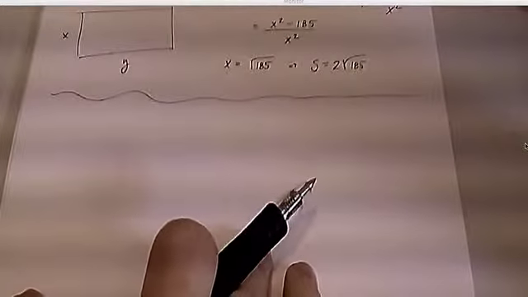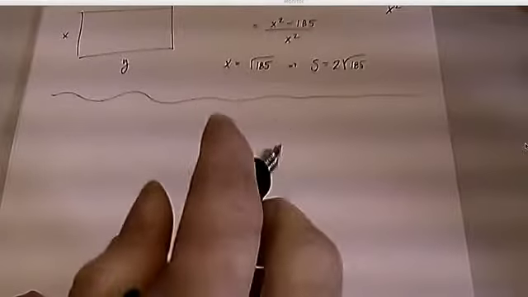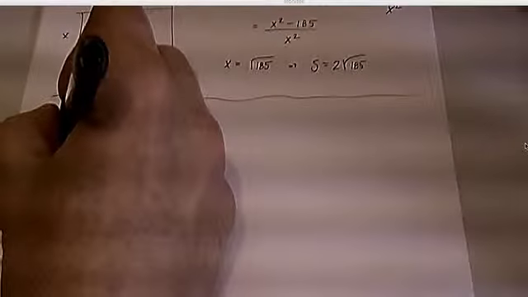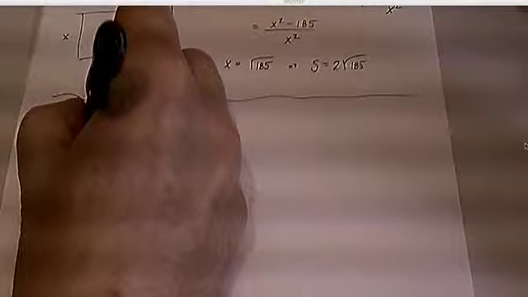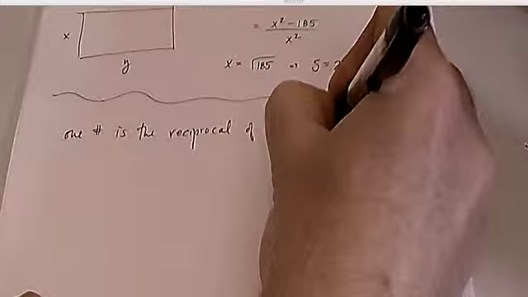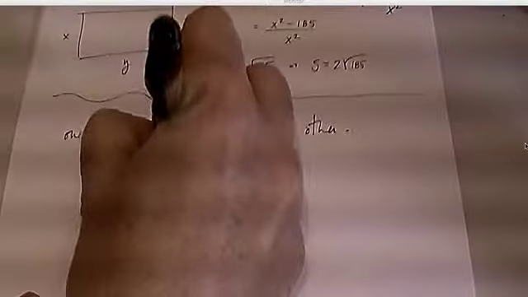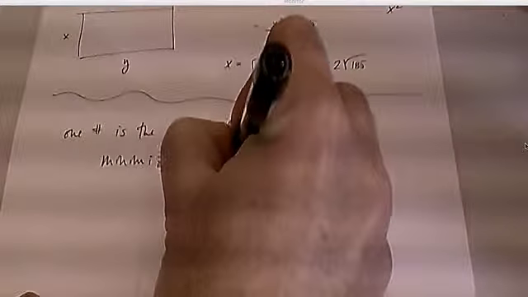Now, let's say we're looking again for two positive numbers, and let's say that one number is the reciprocal of the other, okay? And you're looking to minimize the sum.